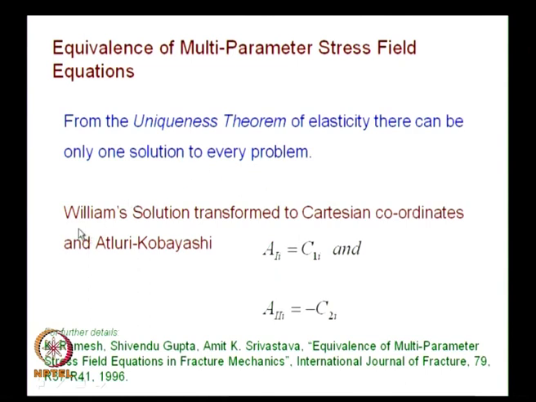And whatever we have got from Williams solution was in polar coordinates. If those stress components are transformed to Cartesian coordinates and compare it with At-Laurie-Kobayashi, you take the reference as A1i and A2i. A1i is nothing but C1i of Williams solution, and A2i is nothing but minus C2i.